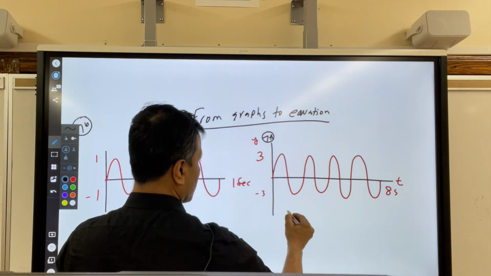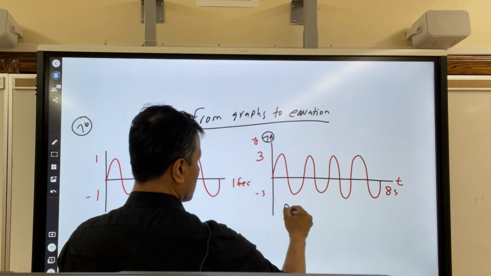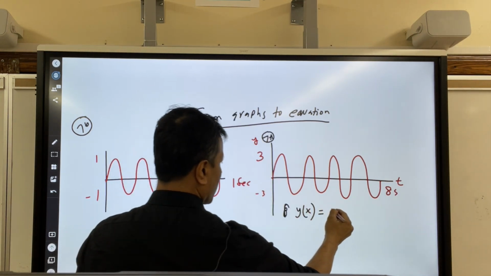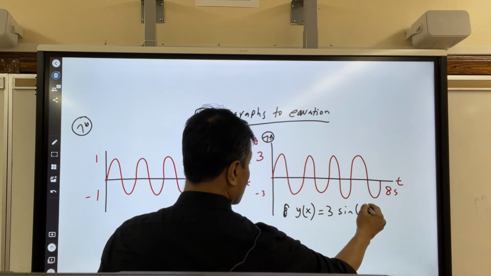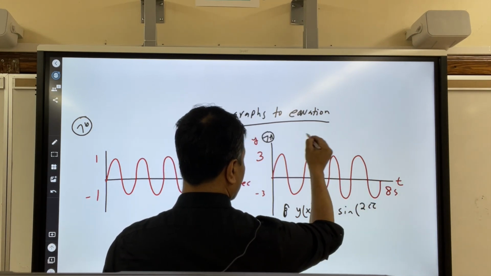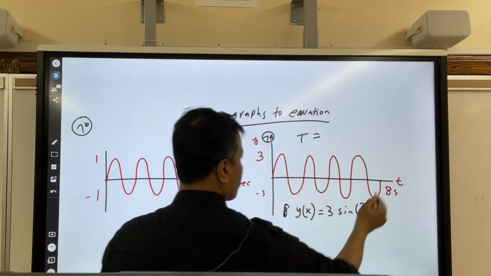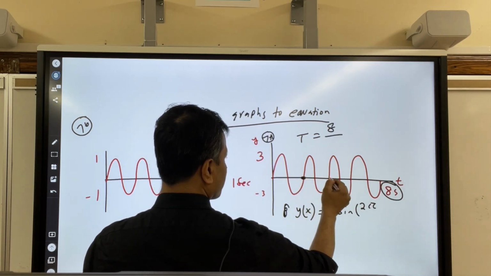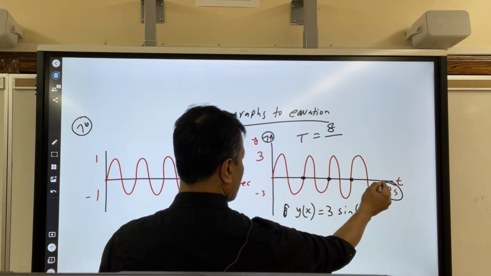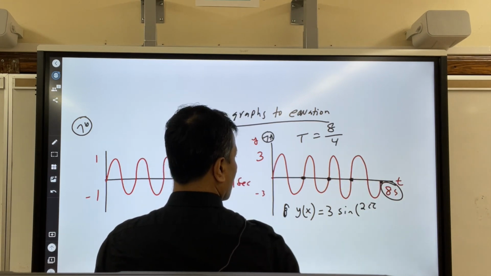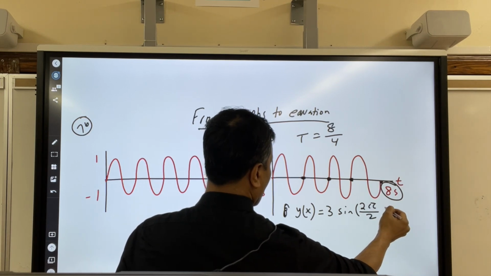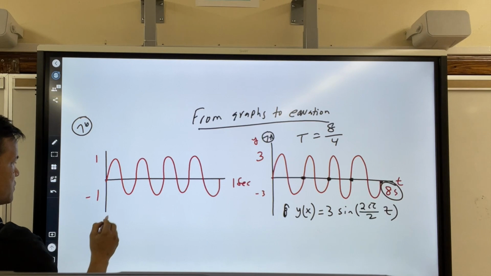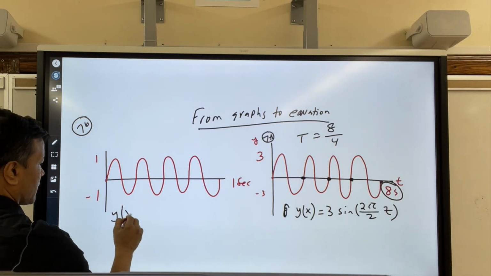To write the equation, you need y of x. This is sine. You need amplitude, 3 sine. All right, 2 pi over, you need period. Period is time over cycle. 1 cycle, 2 cycle, 3 cycle, 4 cycle. All right, 2 pi over t.